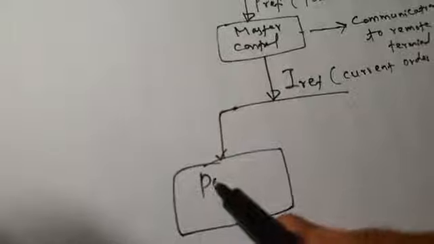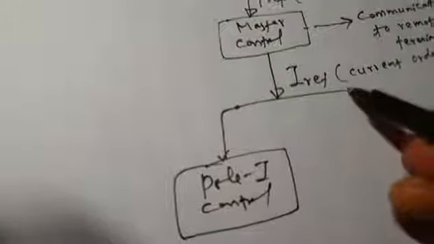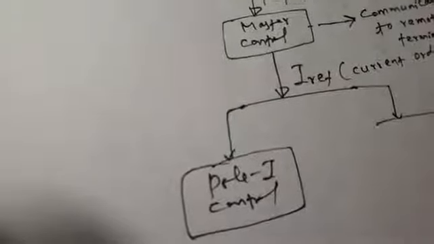And once you know this IREF, you have now value groups. You have pole 1, you have pole 2. This is pole 1 control. And on this side you have pole 2 control.